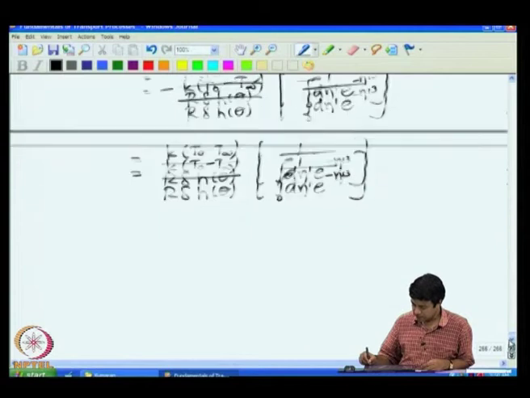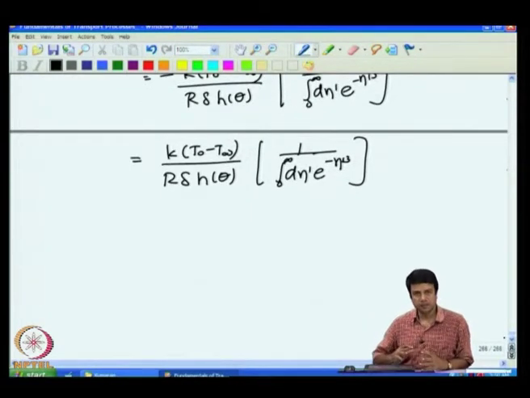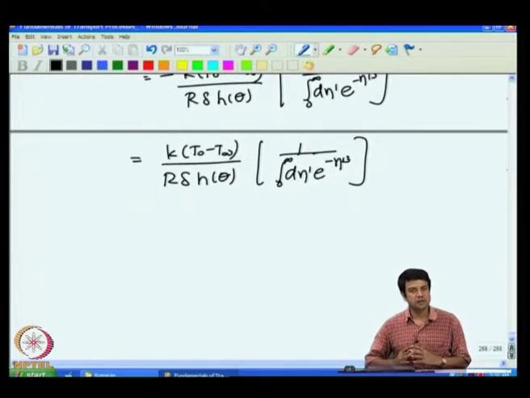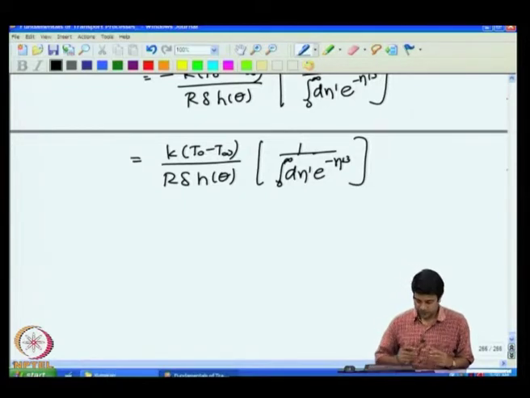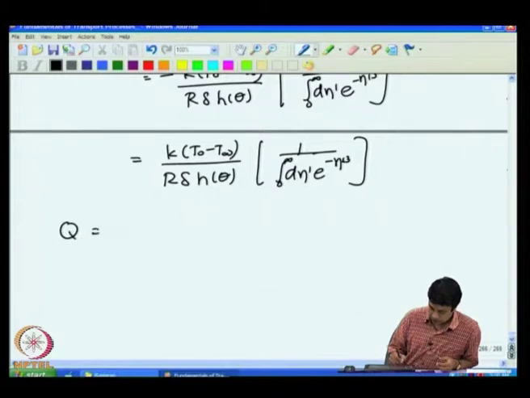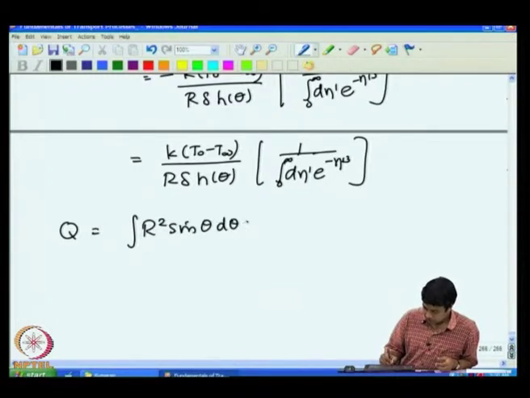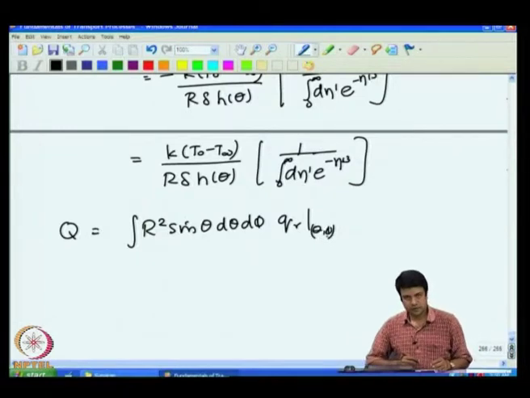To get the total heat being emitted by the sphere, I need to integrate this over the entire surface area. So, the total heat coming out is equal to the integral of R square sin theta of qr at a given theta and phi.